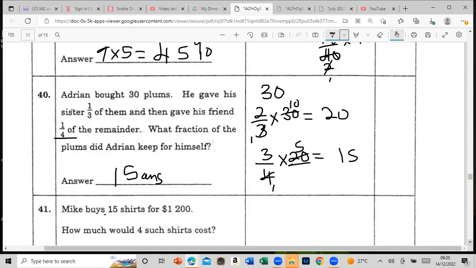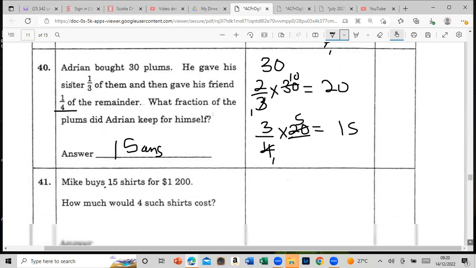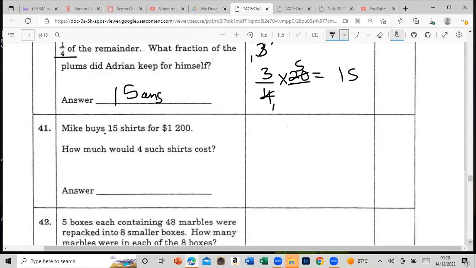Alright, let's move on to 41. Mike buys 15 shirts for $1,200. How much would 4 such shirts cost? Will it cost less or will it cost more?